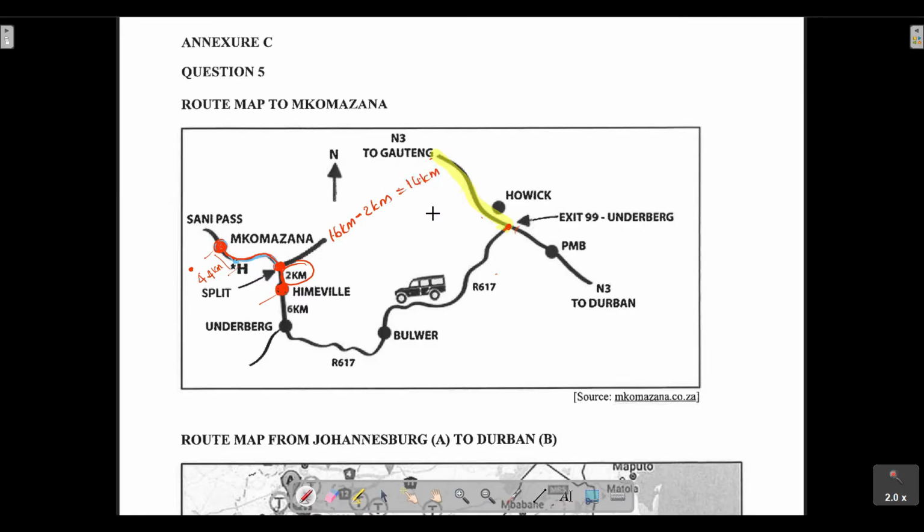Now we want the distance from the split to the hotel. We are told the distance from Nkomazana to the hotel is 4.4 kilometers, so we take that 14 kilometers and minus the 4.4 kilometers, and that gives us the distance they need to travel from the split to the hotel.